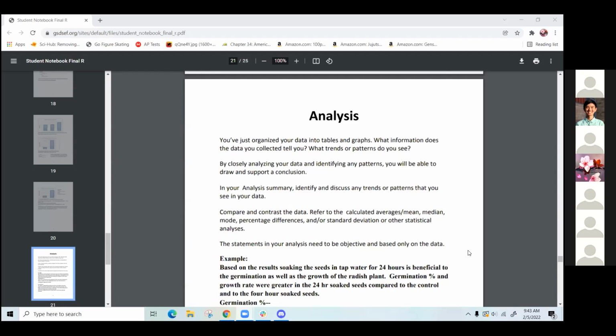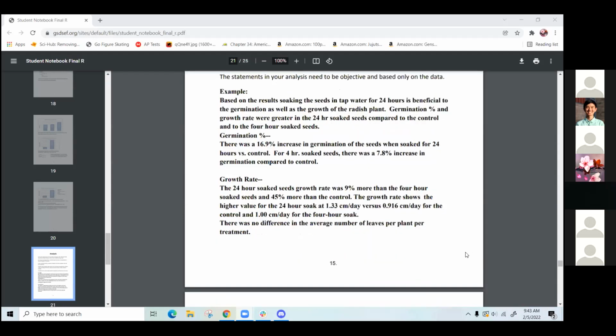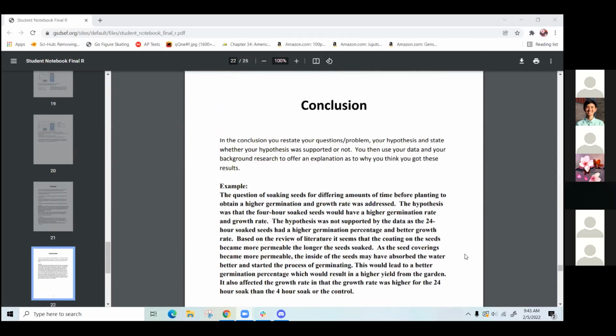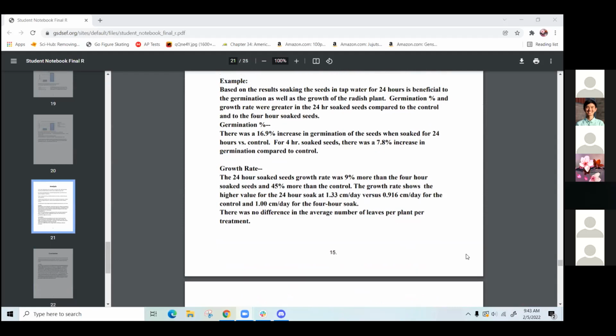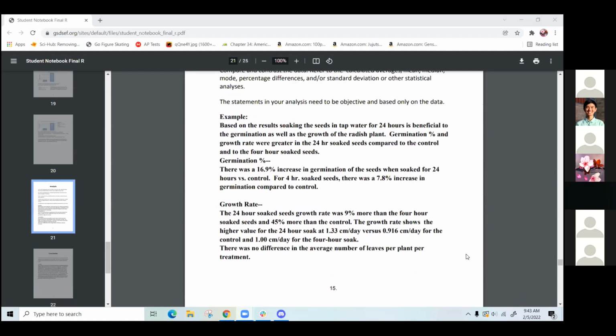And you want to make sure that your analysis is based completely and refers only to the data that was derived from the experiments. And then in this case, it draws trends from the analysis and from the control, which wasn't pre-treating the seeds before growing them.